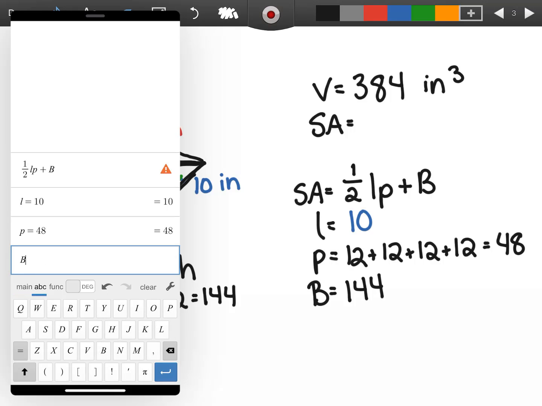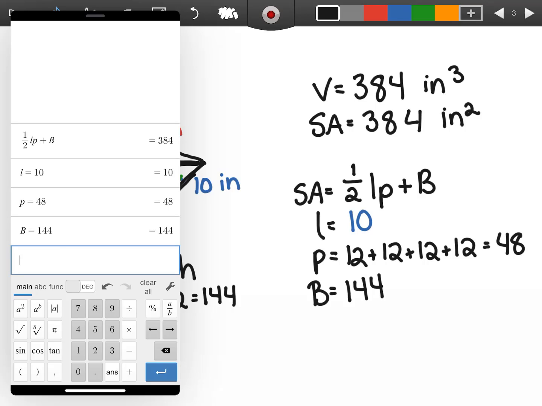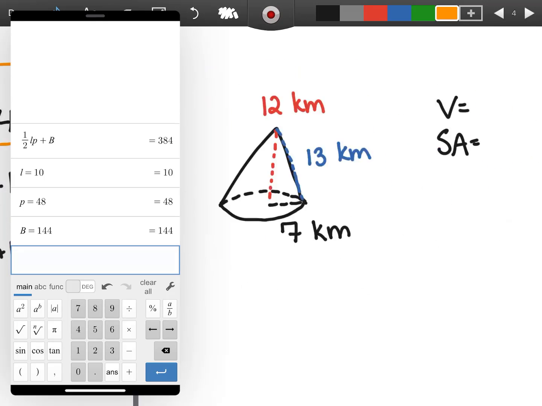And capital B is equal to 144. So surprisingly, we end up with a surface area of 384. Just like with our rectangular prism, it is square units. So this is going to be square inches or inches squared. Now this is a particularly special case where the volume is equal to the surface area, but please know that this will not always be true.